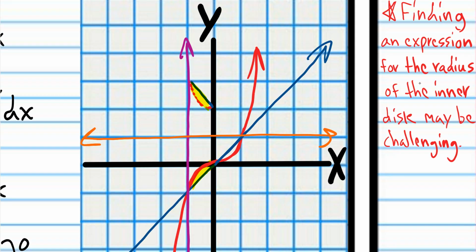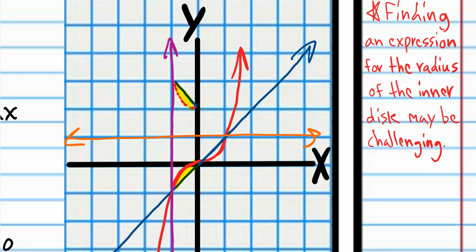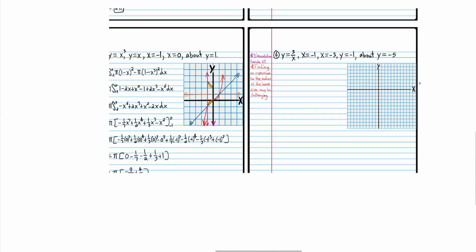So how do you make sure that you're finding the correct length, this green length or this green length? It can be very confusing for students, so try your best.